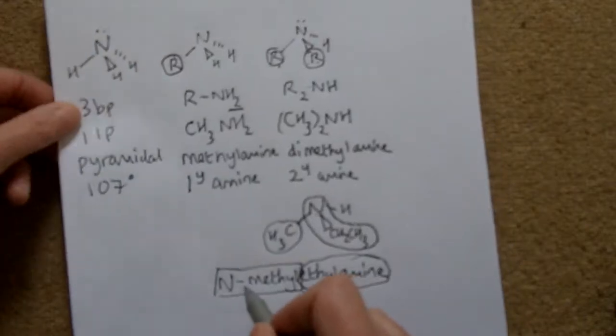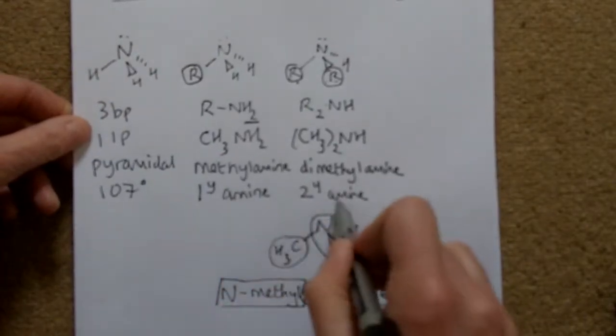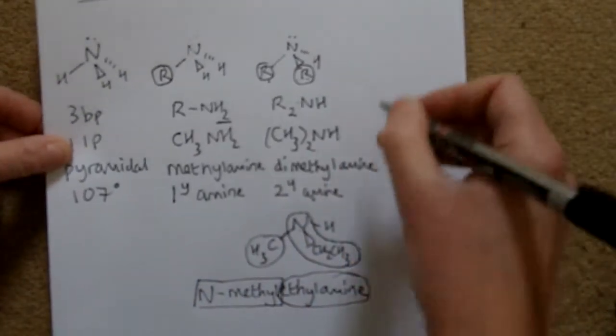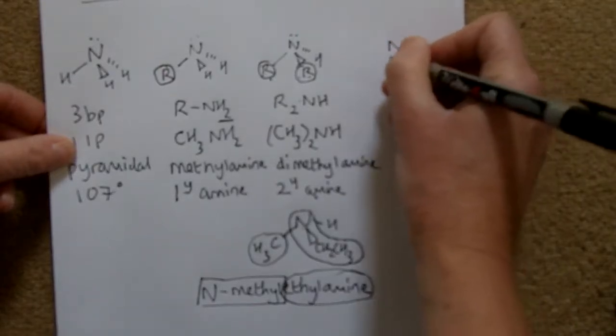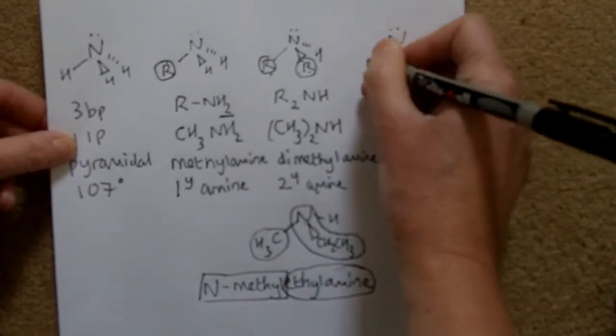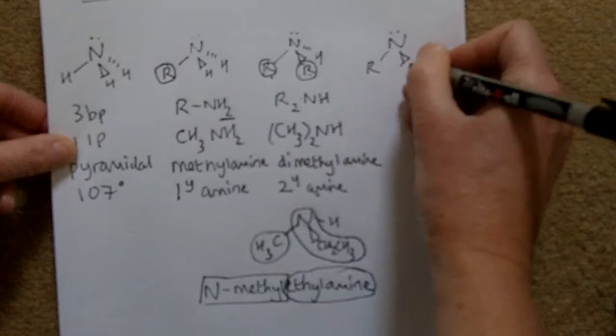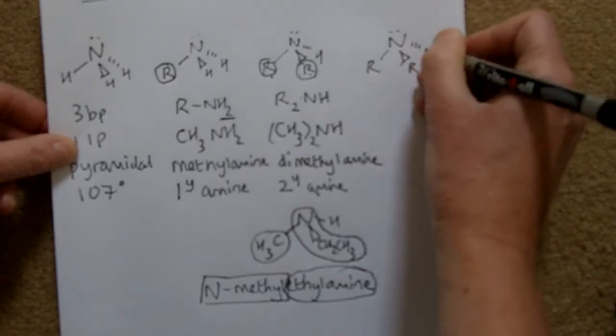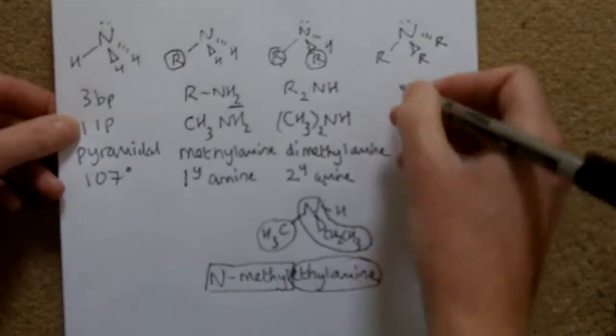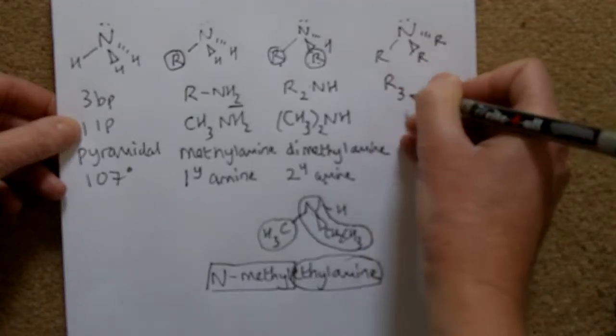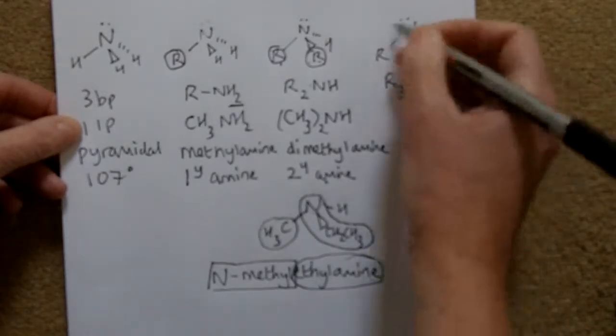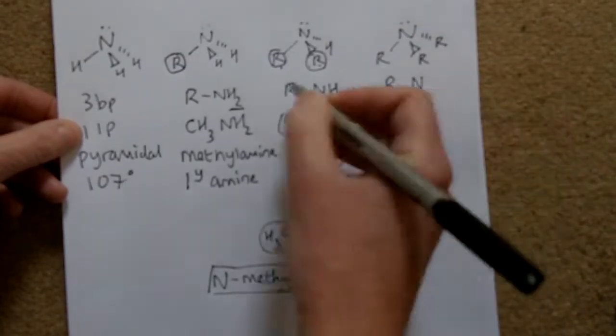Right, so the last one: if you can have primary, you can have secondary, can you see that we can just do it again? Then we have the R group, and we can have another R group. So we can have 3 R groups. But now the nitrogen does not have any hydrogens.